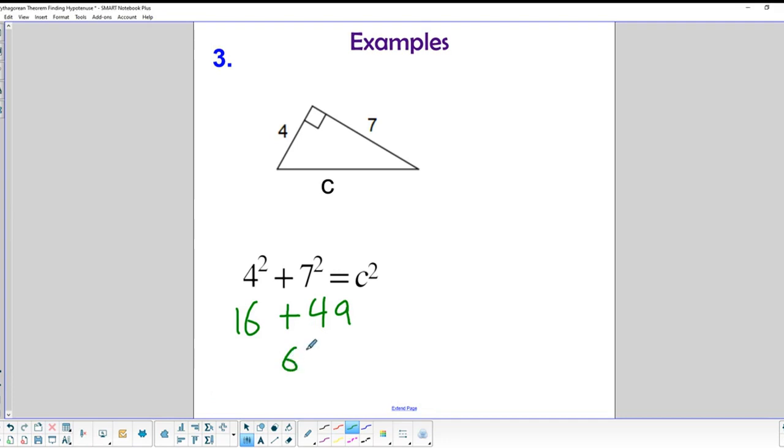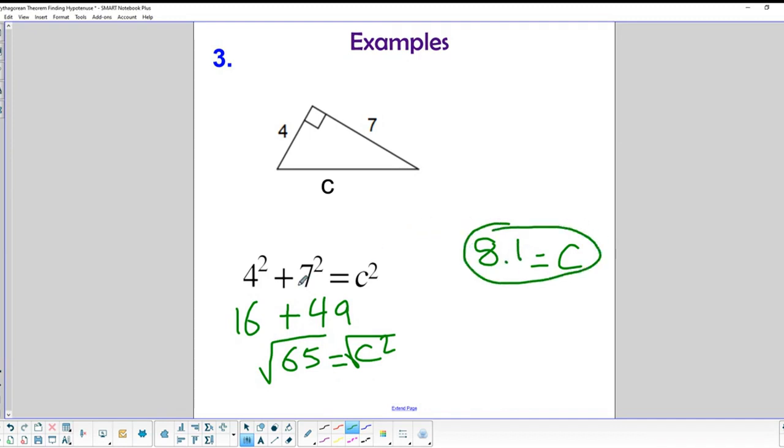So we're down to 65 equals c squared. Now to find what c is, we just take the square root of both sides of our equation. So c is just going to be the square root of 65. On our calculator, we got 65. Hit the square root button, and that comes out to be 8.062257, and we're going to round it to the nearest tenth. So 8.1.